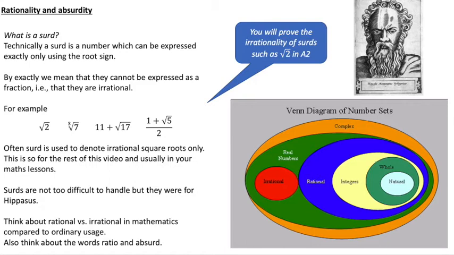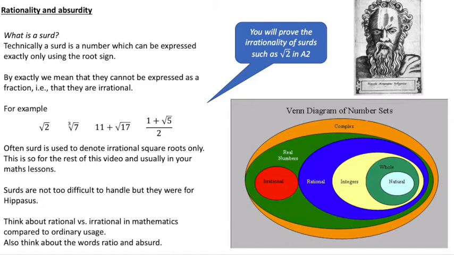So we have the natural numbers, so the counting numbers, then the whole numbers, which includes 0, so that's a debatable point, but we have the integers, so that's the positive and negative whole numbers. Then we have rational numbers.